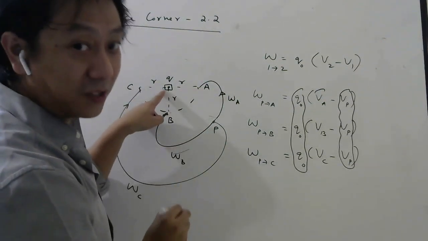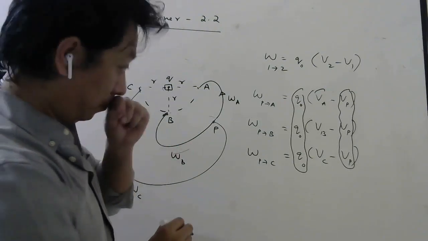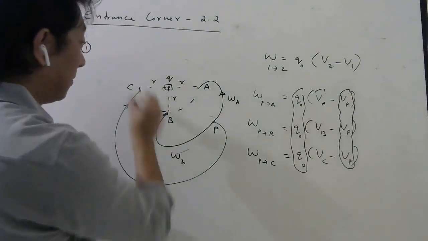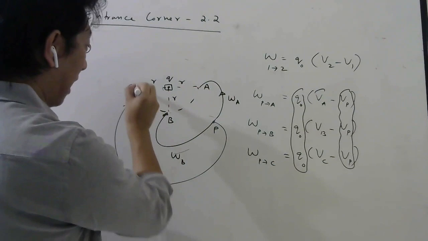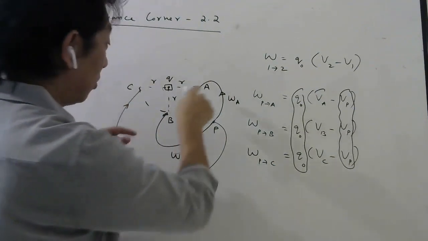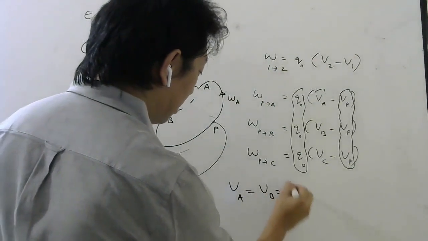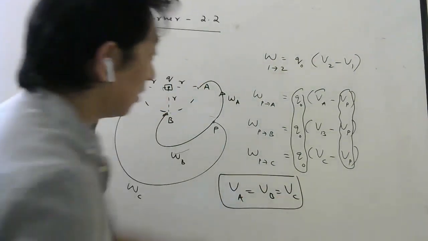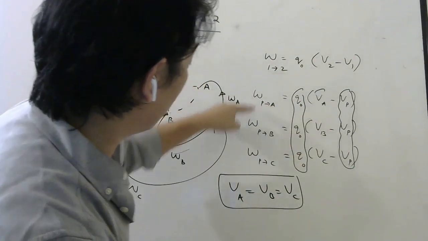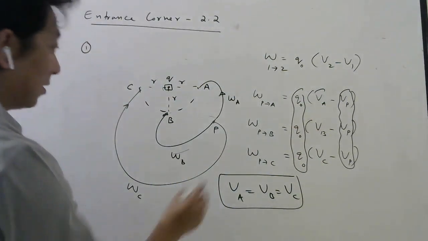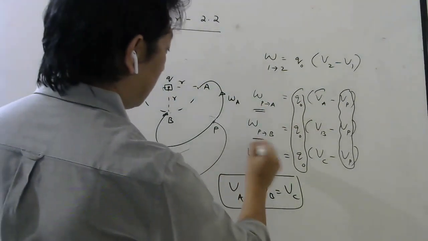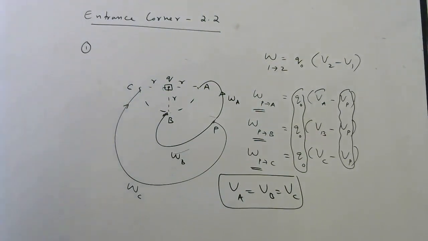So for point charge, what kind of surface is equipotential surface? Spherical. So all these points lie on this sphere, right? So all these points VA, VB, VC must be equipotential points. So if these three are also same, this work done must be same. So work done from P to A, P to B, P to C will be equal.